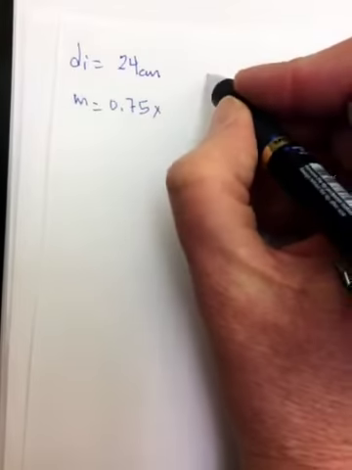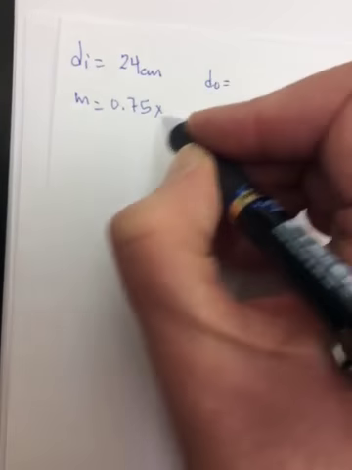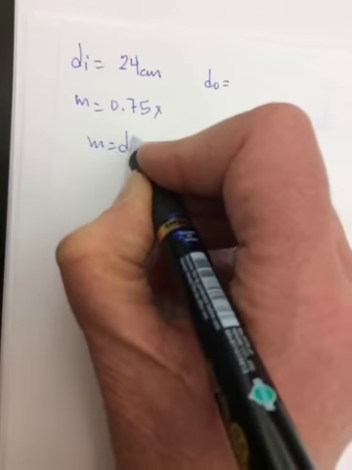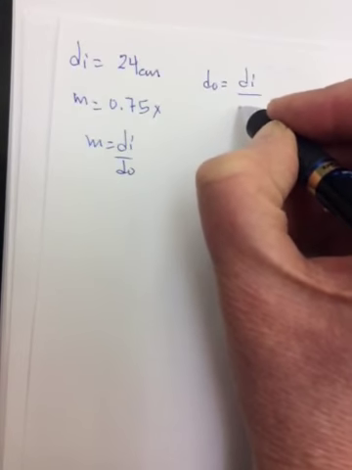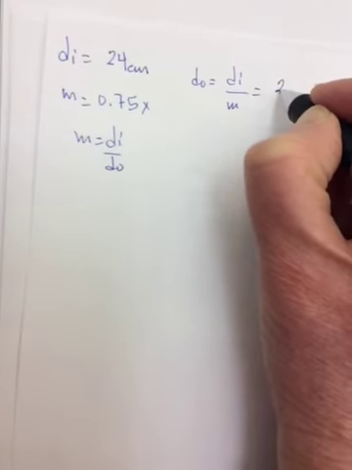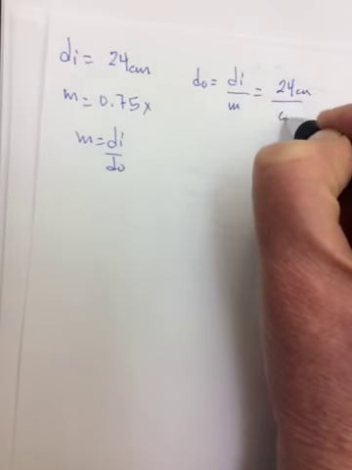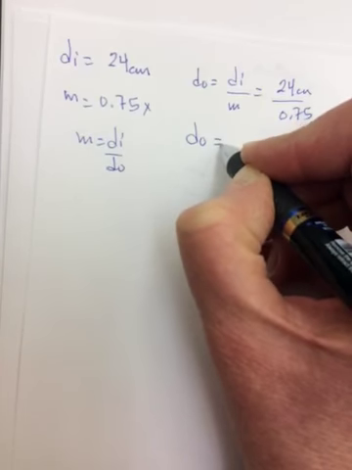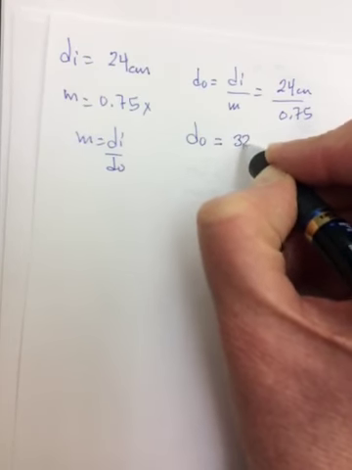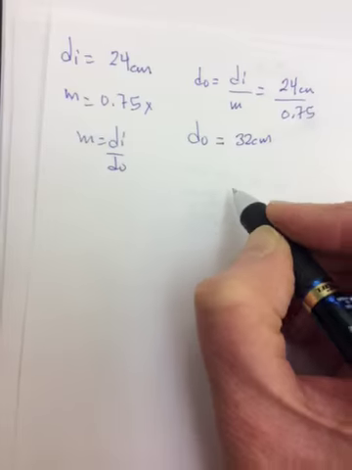So again, you can find your DO. From magnification equal to DI over DO, DO will be equal to DI divided by magnification. So 24 centimeters divided by 0.75. DO should end up equaling 32 centimeters.